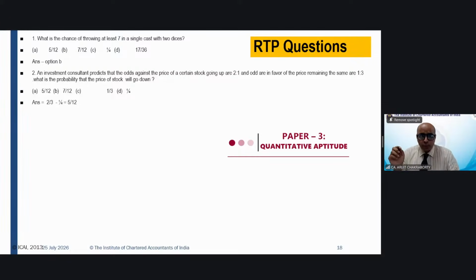And the probability that the price will remain the same is 1 by 4. So what is the probability that the price of the stock will go down?